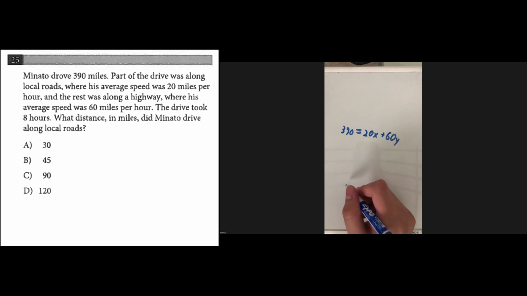And then for our other equation, it says the drive took a total of 8 hours. So x, the number of hours he drove on local roads, plus y, the number of hours he drove on a highway, equals 8. And so let's solve for x.